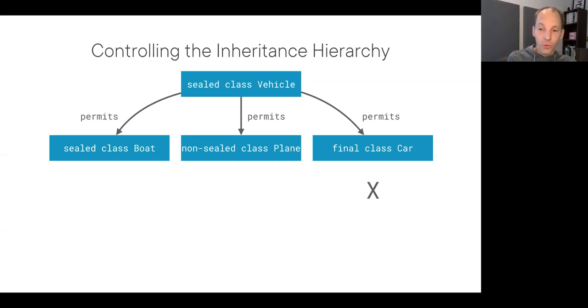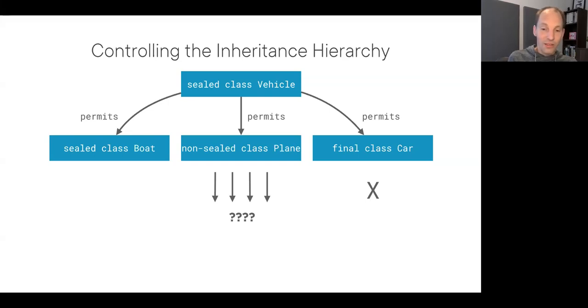What you can also do for a subclass of a sealed class is say that a class is explicitly non-sealed. And then you're opening up whatever comes under this plane class again for subclasses. You still cannot directly extend vehicle because it's sealed, but you can now extend plane if you want to.